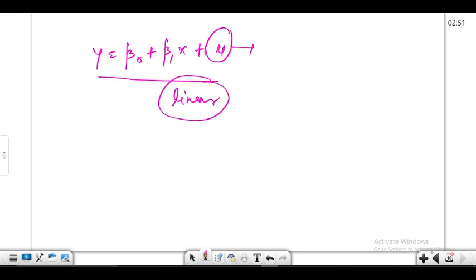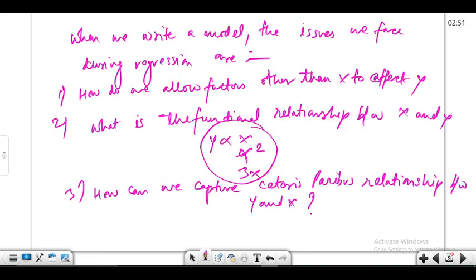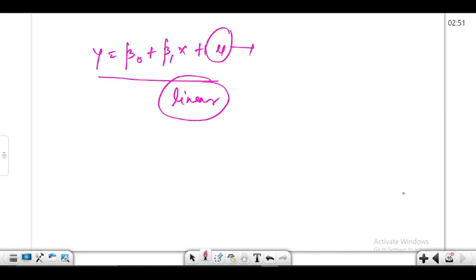And the third question was how can we capture the ceteris paribus relationship between y and x? So we'll talk about this at a later stage. We'll just discuss this in a while.